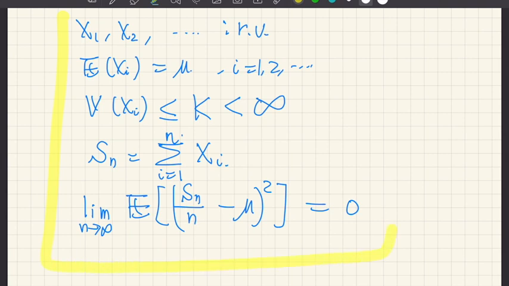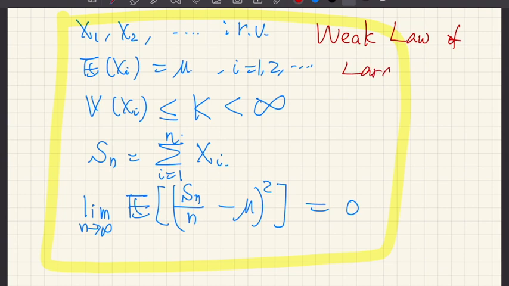This is called the weak law of large numbers.